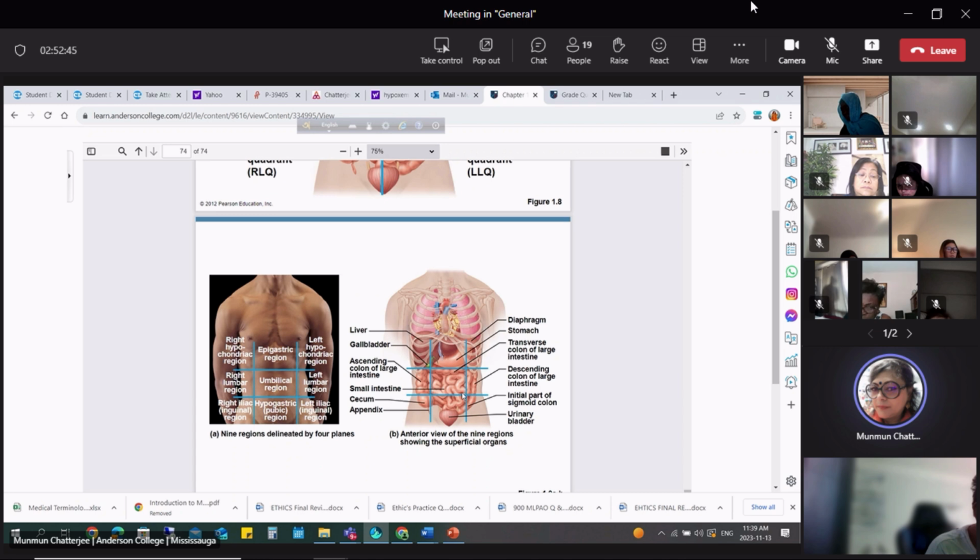Very often, mostly it comes, write it down: epigastric region, stomach; liver or gallbladder, right hypochondriac region; urinary bladder, hypogastric region; and mainly the small intestine and the descending colon in the umbilical region.